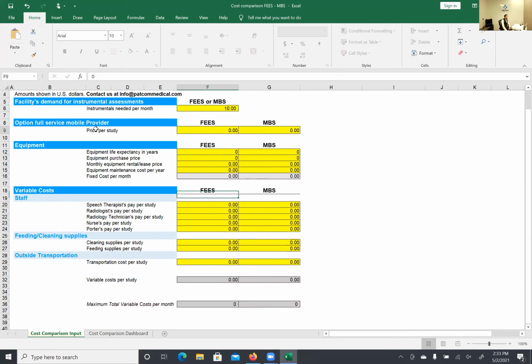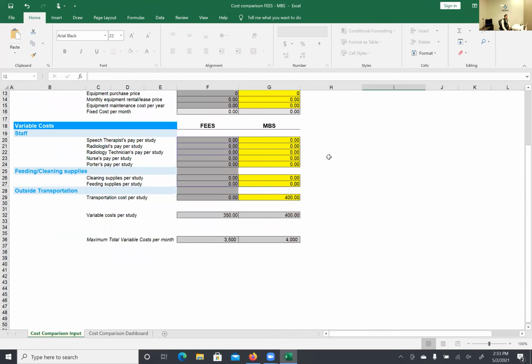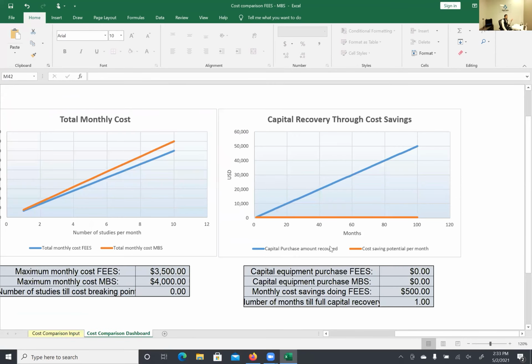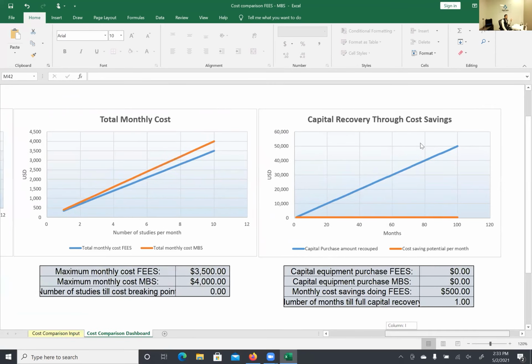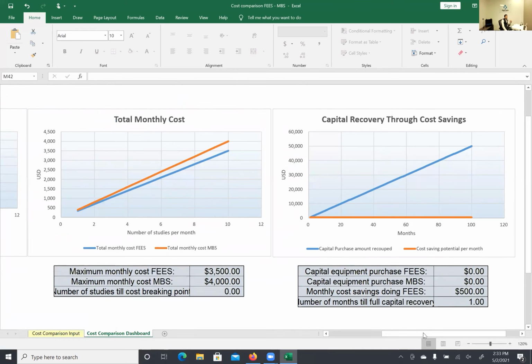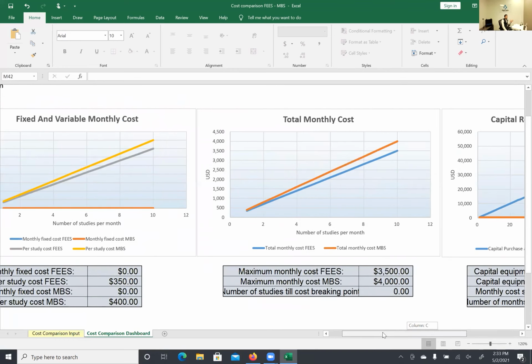So if I'm a mobile FEES provider and I charge $350 here, and transportation costs are $400, then pretty simple math, right? You're saving $50 per study, and then you're not buying any equipment, so this basically has no real purpose here.